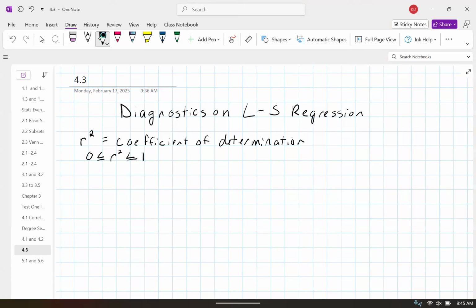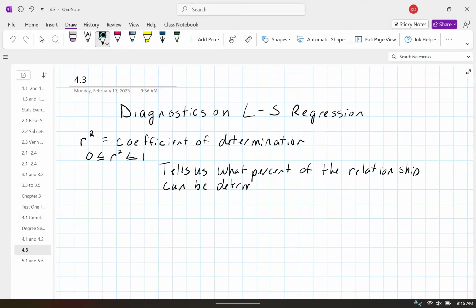This tells us a kind of percentage of how much of the relationship can be determined by the linear regression.